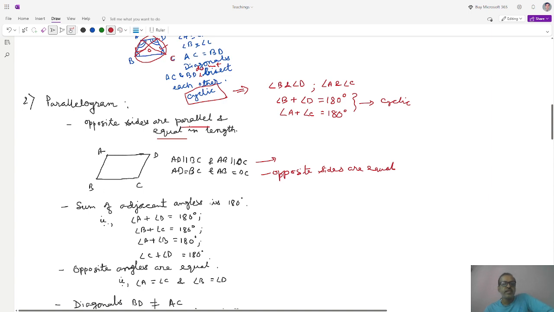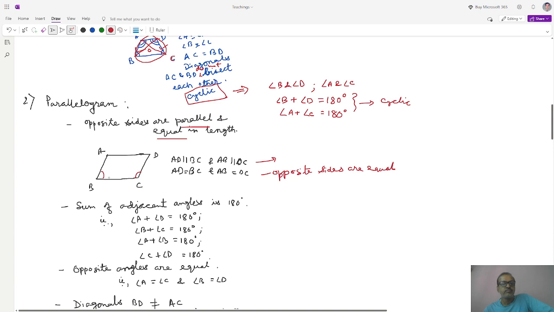The sum of adjacent angles is 180 degrees. These are the adjacent angles. The sum of these adjacent angles, angle B plus angle C, equals 180 degrees. It may be proved easily. AB and DC are the parallel sides and BC is the transversal. Okay.